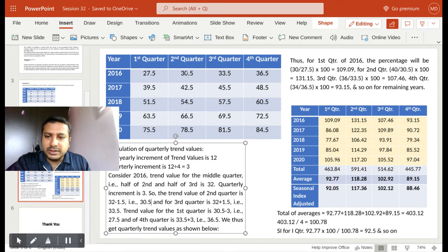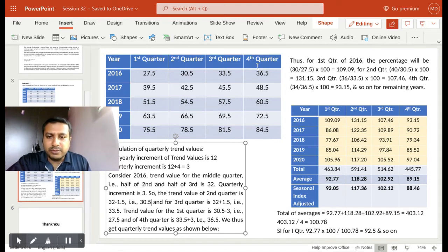I told you the difference between second and third quarter will be 3. We know the middle value is 32, so we divided the 3 into half, one and a half here, one and a half here. From 32, deducting one and a half gives 30.5, and adding 1.5 gives 33.5.